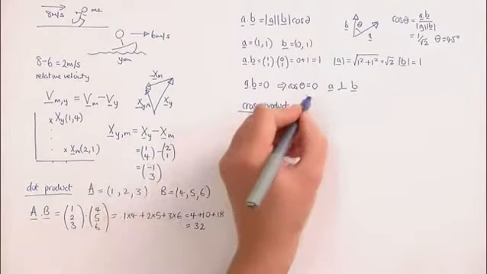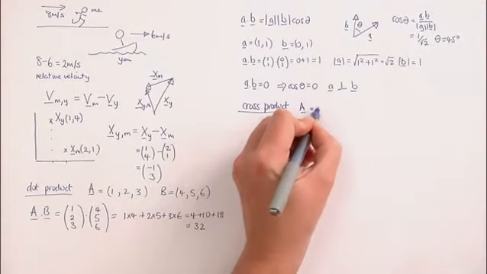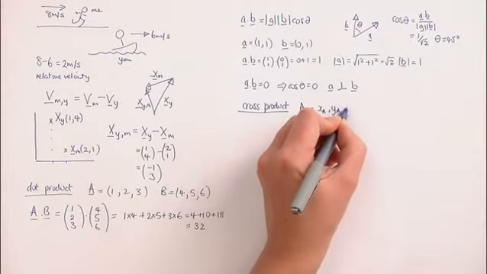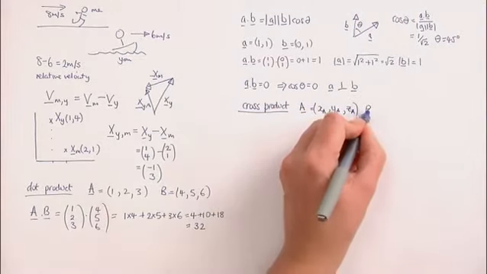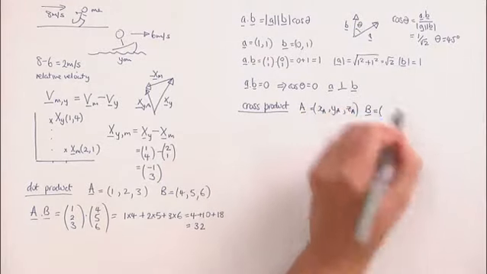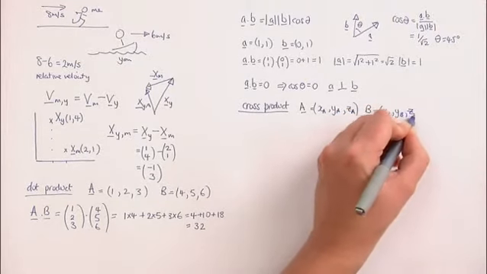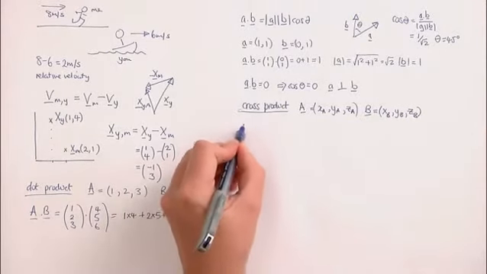So if we have the vector A, which we define as (xA, yA, zA), and the vector B, which we define as (xB, yB, zB), then the cross product is worked out like this.